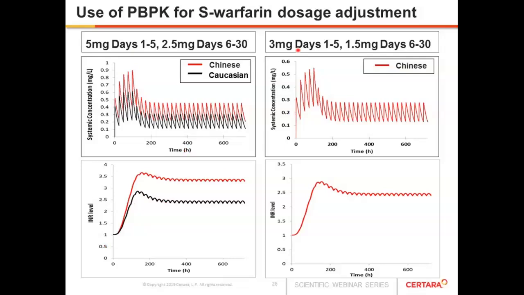For an individual with the same age as the Caucasian, you will need to give a lower dose of 3 milligrams S-Warfarin as a starting dose, followed by a 1.5 milligram maintenance dose. So this is just another example of risk assessment of another drug using PBPK.